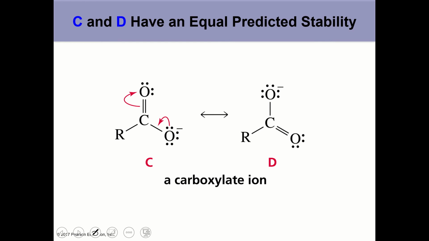Okay, now looking at another structure. C and D have equally predicted stability. So C and D are equivalent.